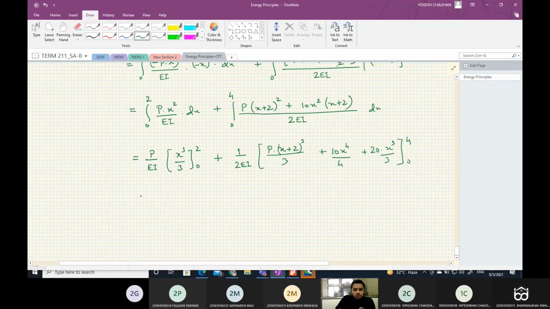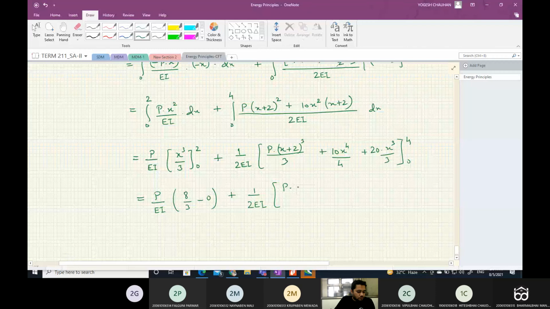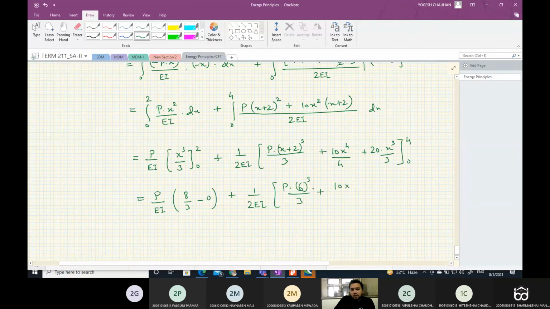Okay, so if we put the limit, it will be P by EI, substitute the upper limit, so 8 by 3 minus 0, plus 1 upon 2EI, substitute the upper limit, so it will be P into (4 plus 2), 6 cube, let us write this as 6 cube by 3, plus 10 into 4 raised to power 4 divided by 4, plus 20 into 4 cube by 3.